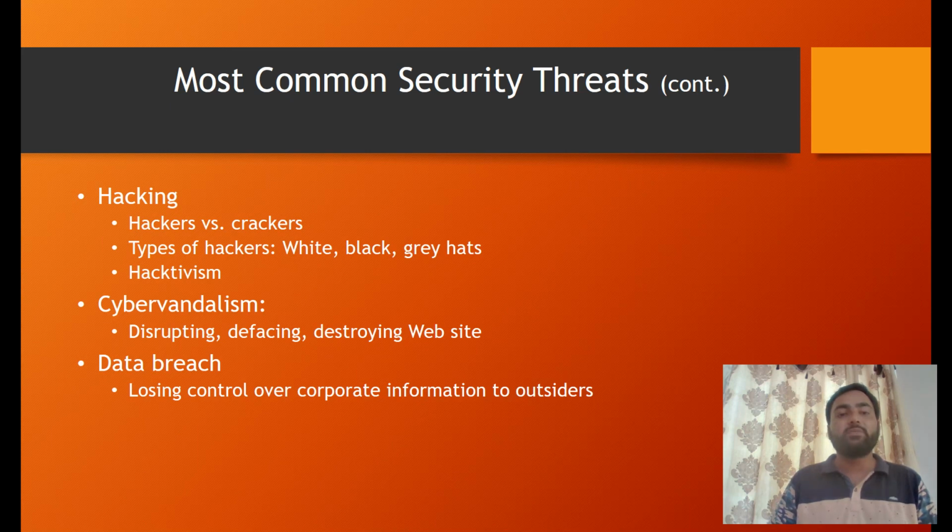So that is the data breach. That means outsiders from the network access the secure network of a particular corporation and access the corporation's information to establish a different corporate network in parallel, or to cause some kind of loss to the existing corporate networks.